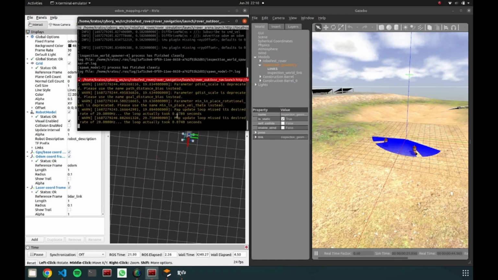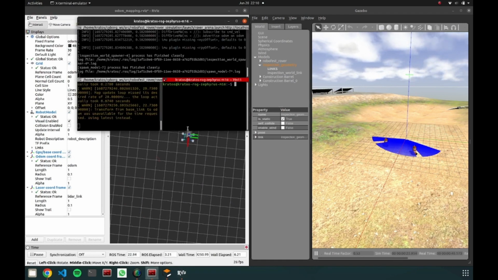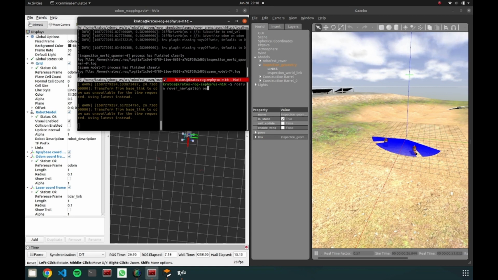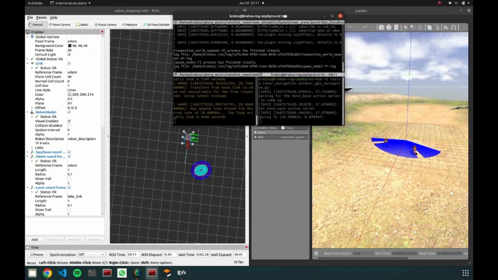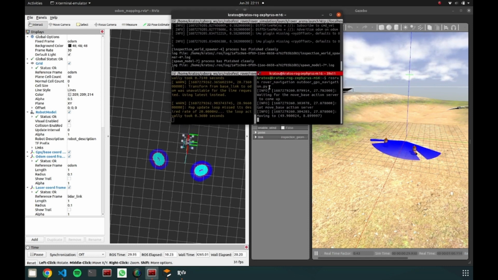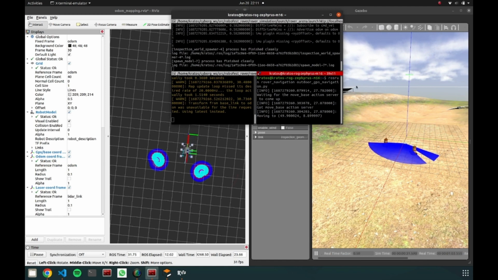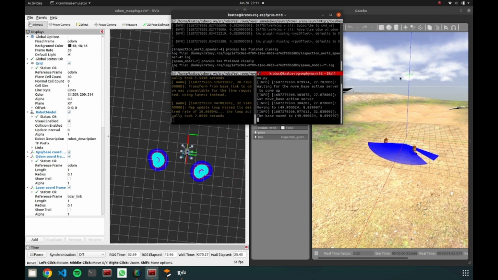Now we'll be sending some waypoints to the bot through a Python script which the bot has to move to while avoiding the obstacles. Now as you can see, the bot is trying to reach its destination while detecting the obstacles around it and simultaneously generating a path which can avoid all the obstacles in its path.